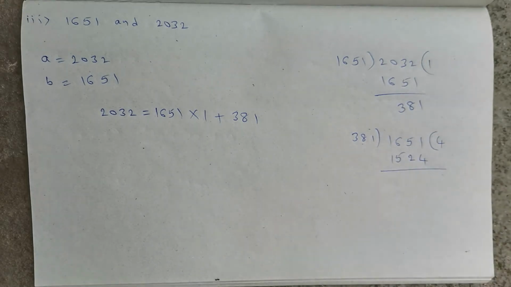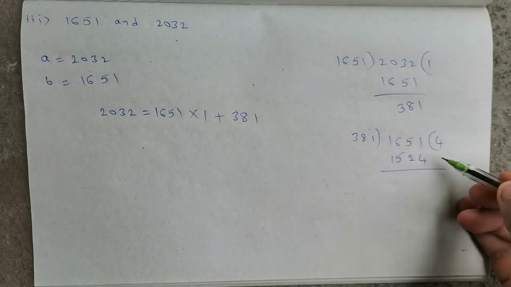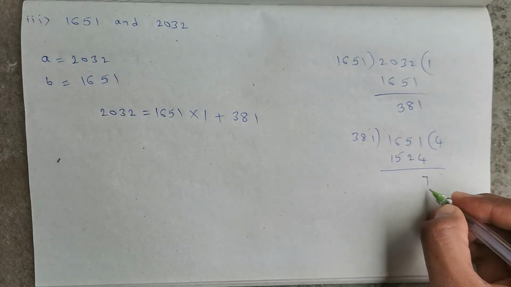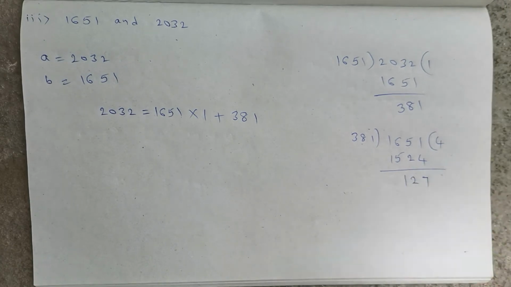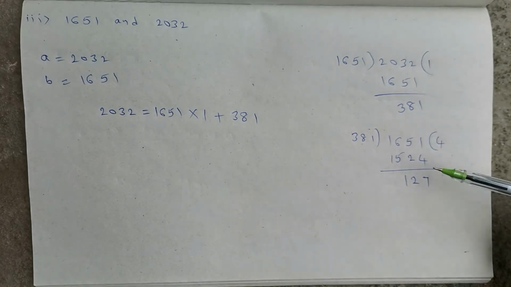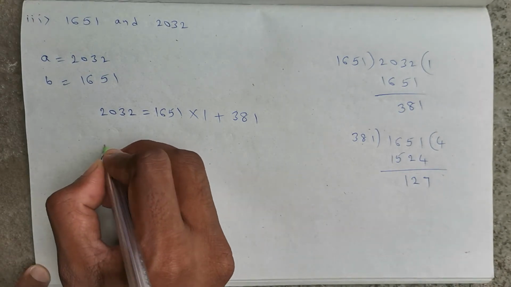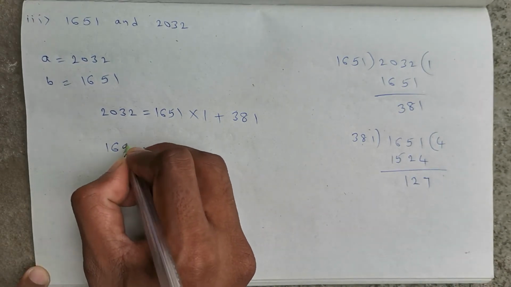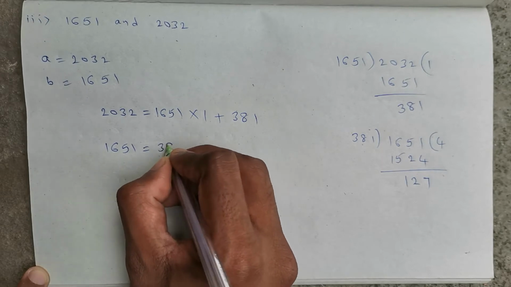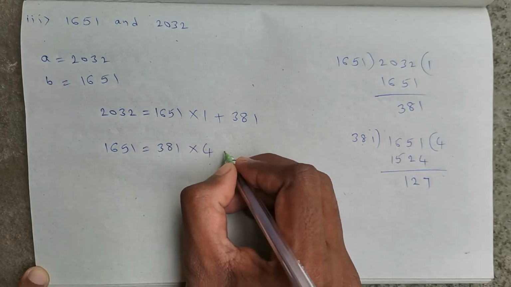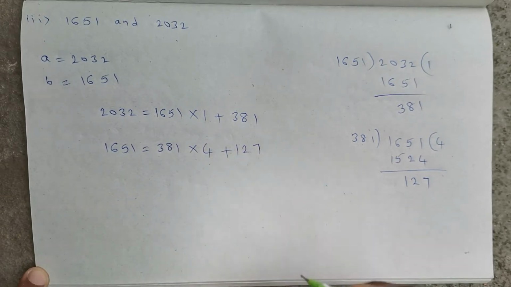So 1651 minus 1524: 11 minus 4 is 7, so 2 remains, here 1 is left, so 127. Now for this I am writing the step. Dividend 1651 = divisor 381 into quotient 4 plus remainder 127.